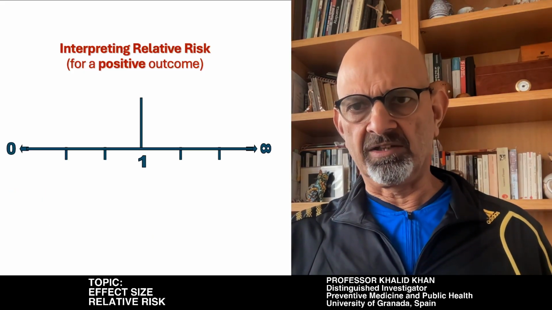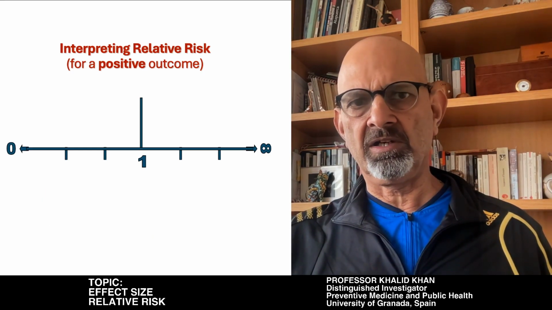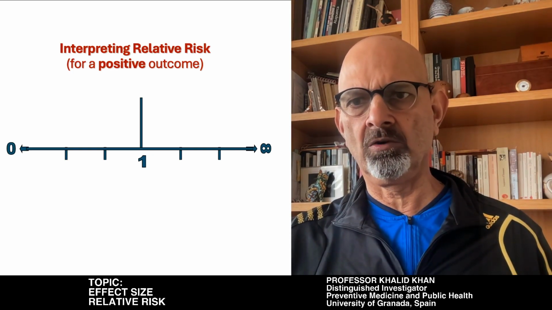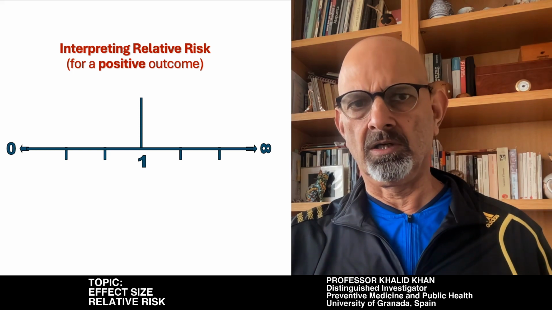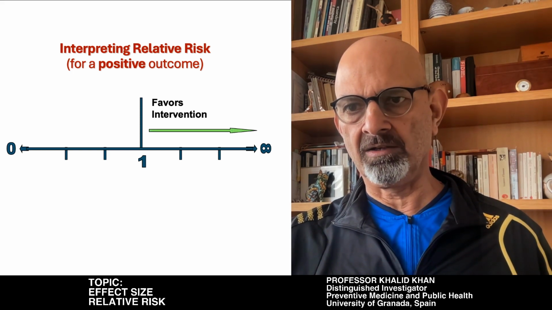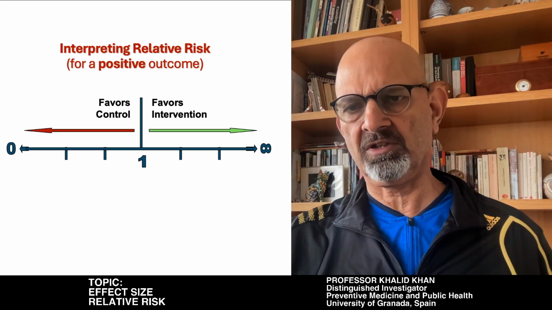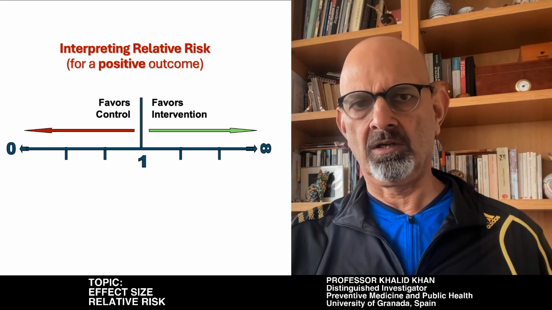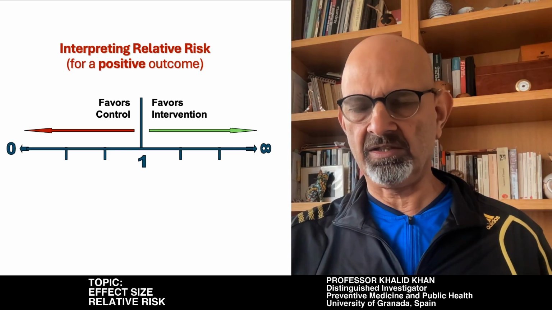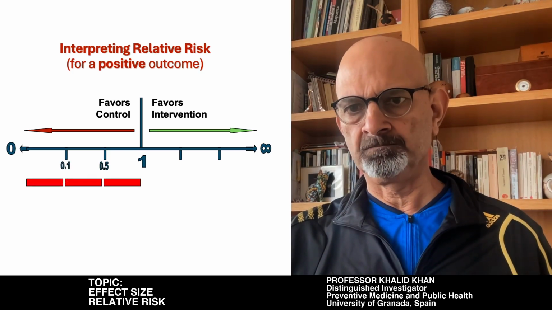So what is relative risk and how can we interpret it? It is a value ranging from 0 to infinity, where 1 means that there is no difference between the groups being compared. Values more than 1 represent a relative risk that favors the intervention, and values less than 1 represent a result that favors the control.